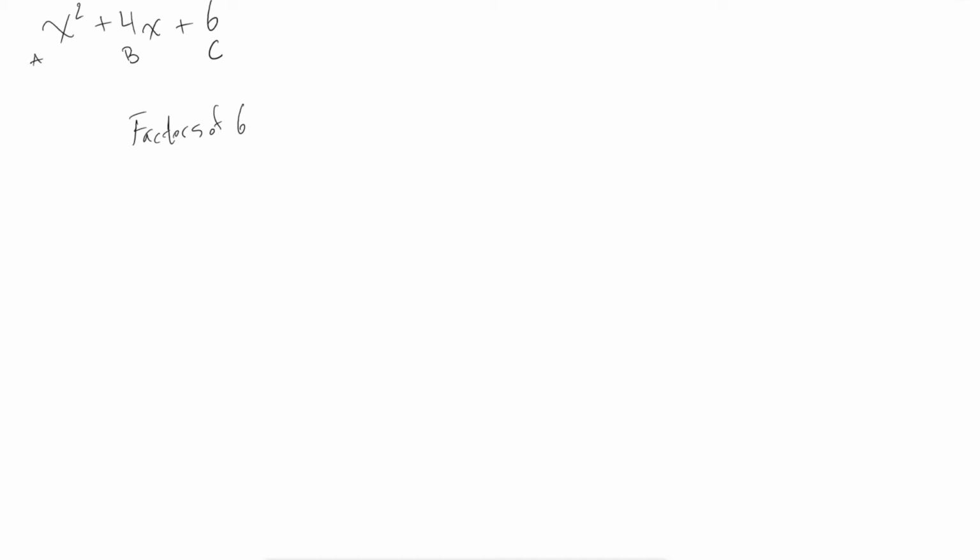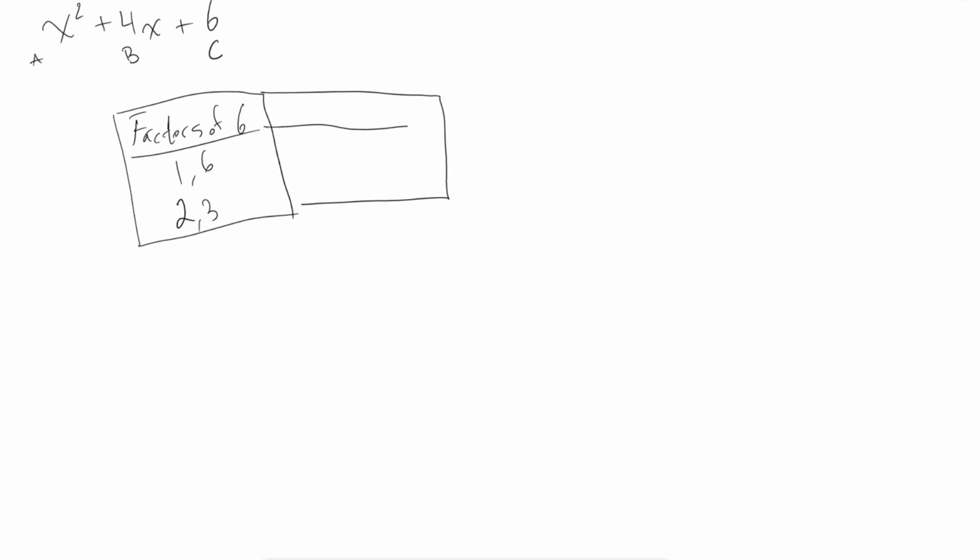Factors of 6: I always have 1 and 6, and I have 2 times 3. Those are my only options. I make my little table now, with my multiply column, my adding column, and my line here.